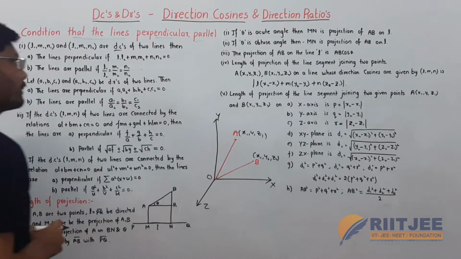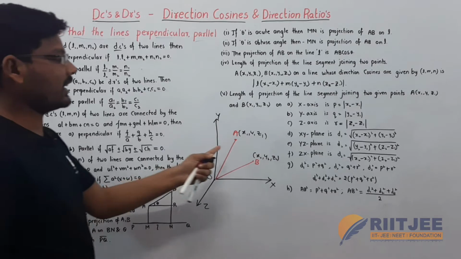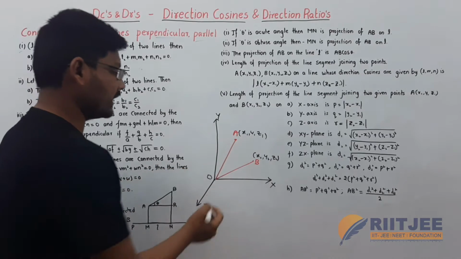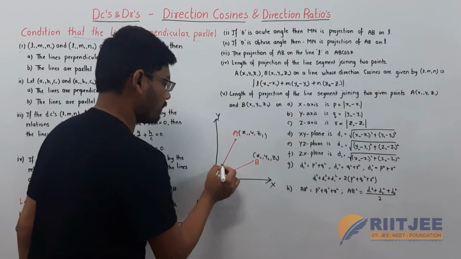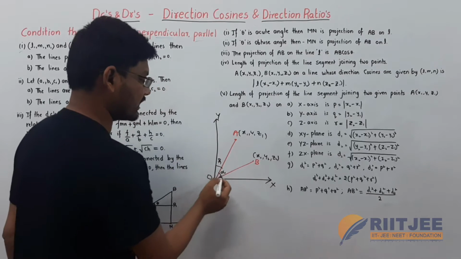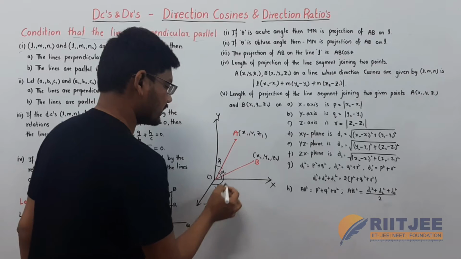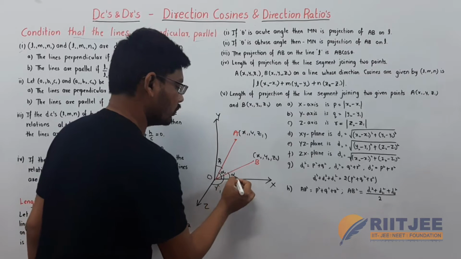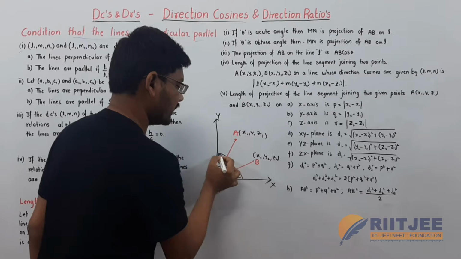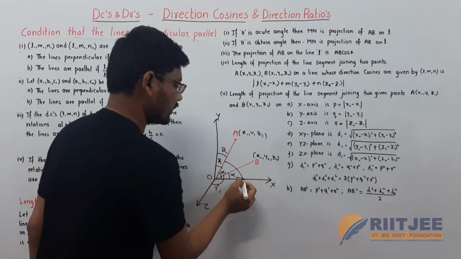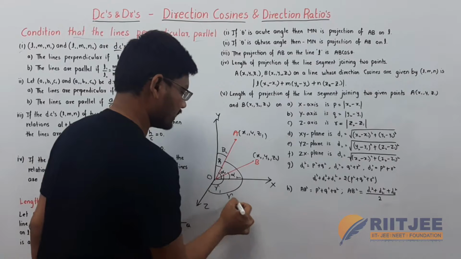So this is x1, y1, z1 and this is x2, y2, z2. This is the origin 0, 0, 0, and the direction cosines for the point are cos alpha 1 with the x axis, beta 1 with the y axis, gamma 1 with the z axis. This is alpha 2 with the x axis, beta 2 with the y axis, gamma 2 with the z axis.